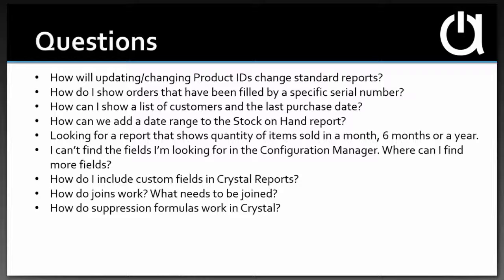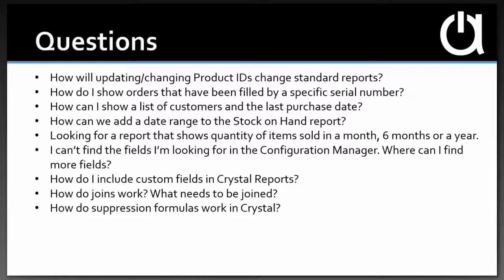So the standard is we're going to show you the original product ID that was sold, or that was worked with, purchased, whichever it might be. And then if you wanted to show the new product on past transactions, reports can be modified to show that. Hopefully that makes sense, and when we jump in here a little bit, I'll point that out and show that here in just a little bit. So we'll roll back to this question.